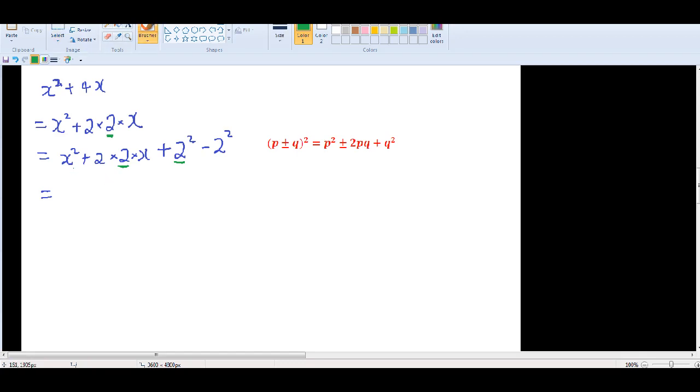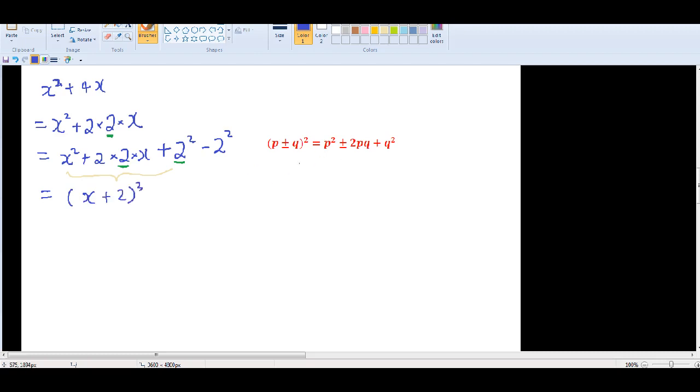Do we have that? We've got x squared, that's just like p, plus 2 times x times 2, and you've got 2pq in the middle, and also that 2 is 2 squared. So that's why you have to add that 2 squared. These 3 terms can be factorized according to the identity as x plus 2 squared.